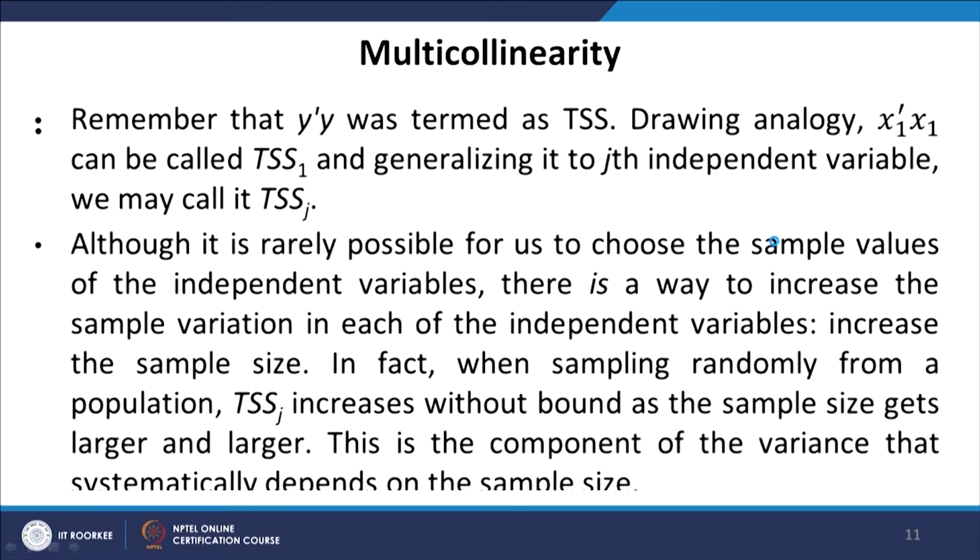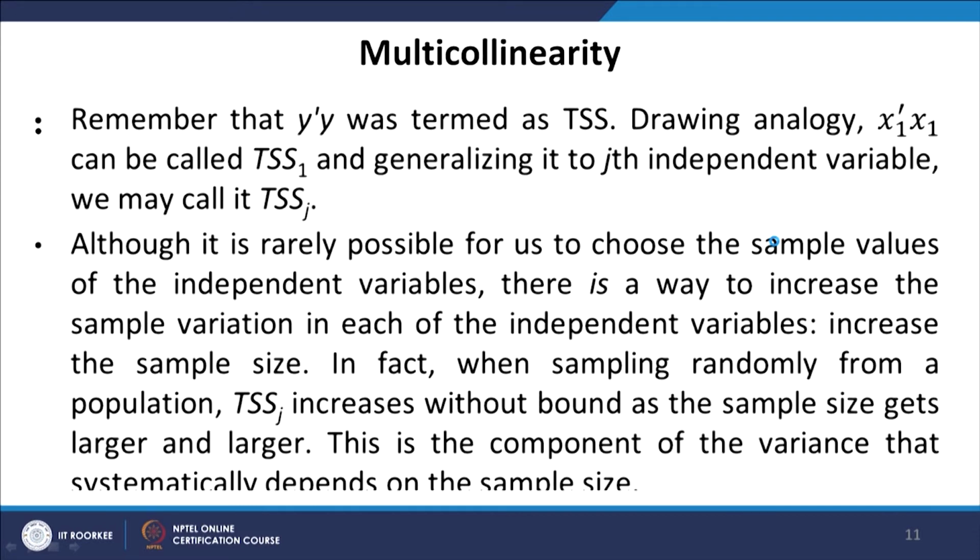Although it is rarely possible for us to choose the sample values of the independent variables, there is a way to increase the sample variation in each of them: increase the sample size. In fact, when sampling randomly from a population, TSS j increases without bound as the sample size gets larger and larger.